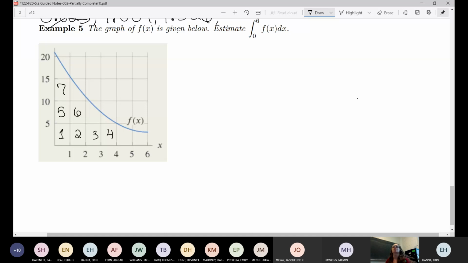And now I have to start trying to piece them together. Now, since this is an estimate, it's not going to be perfect, of course, just like the Riemann sums aren't perfect. But we're going to try to piece the last ones together. So if we look at these two pieces right here, the one at the very top and the one right next to the one I labeled 7, both of those for the area that's underneath of the function are approximately half a box.